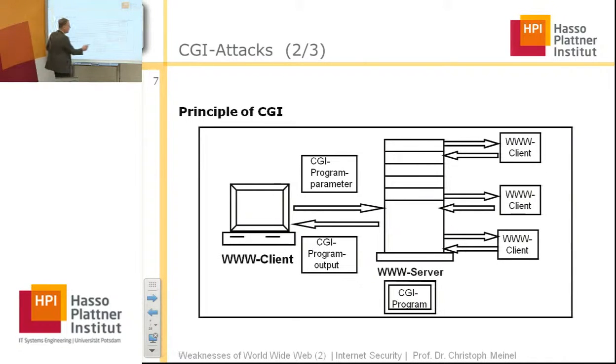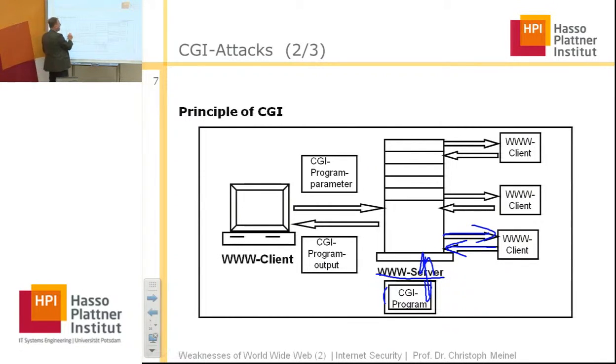So here we have the web server, and the web server is interacting with the web clients, and the web clients request some website, for example, some dynamic website that needs to be produced by data from a certain application, here a program. So we have the CGI for interacting with the web server, handing over the data to the application, getting back the results.